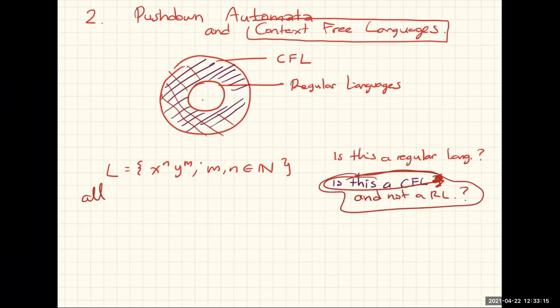Okay, thanks. You're welcome. And that's precisely what we are going to see now. Suppose we have an automaton that processes this language L, on screen, and let's say it accepts any number of x's, and then it accepts any number of y's.